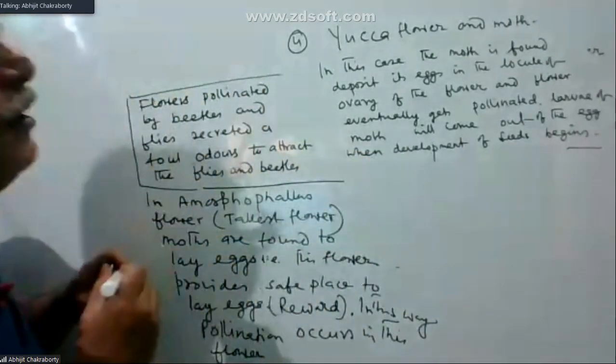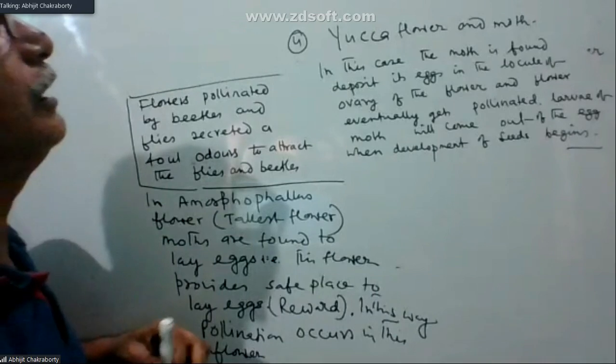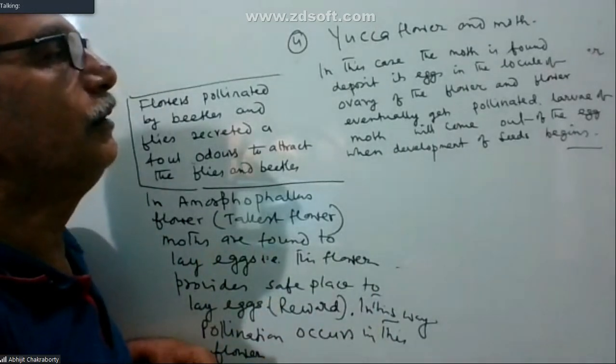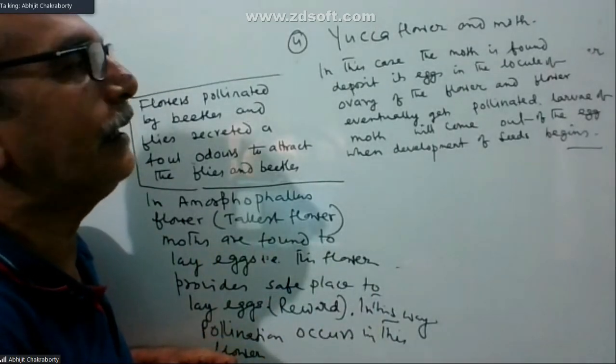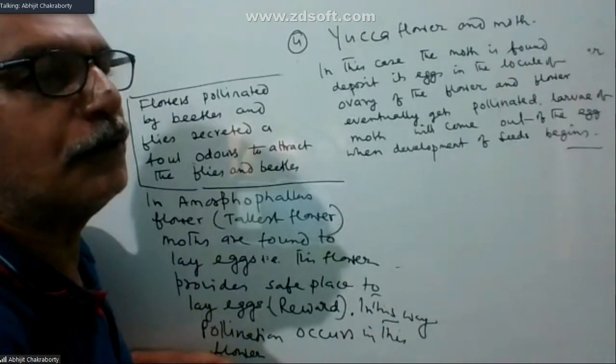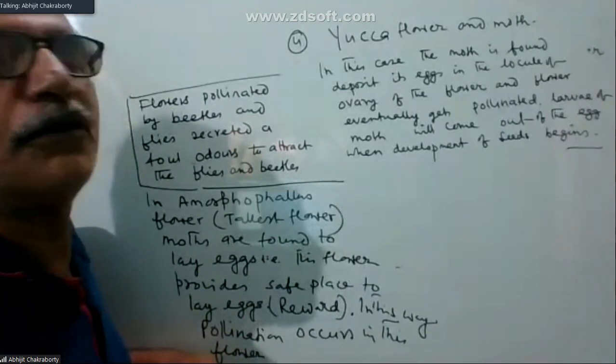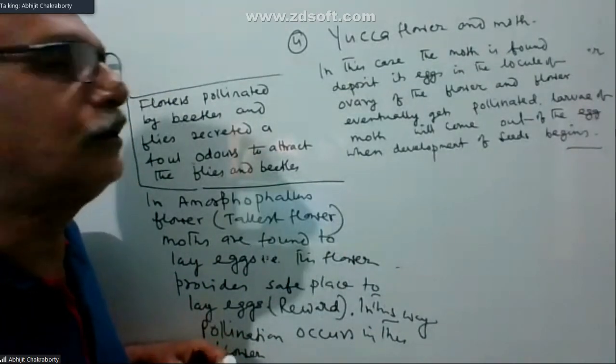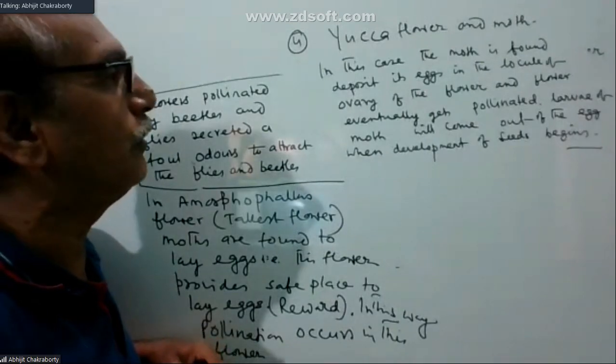So here Yucca plant and moth are interrelated. No one can complete their life cycle without the other. So this is most important in case of Yucca flower and moth.